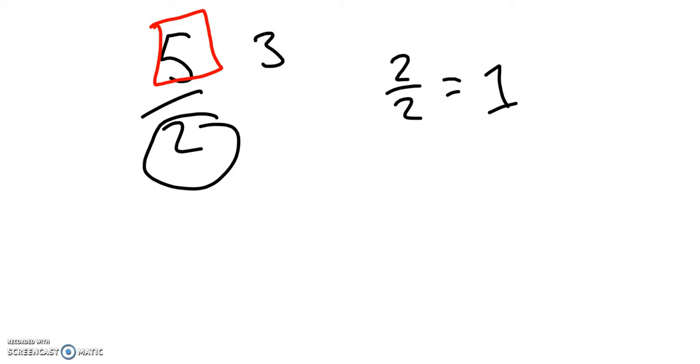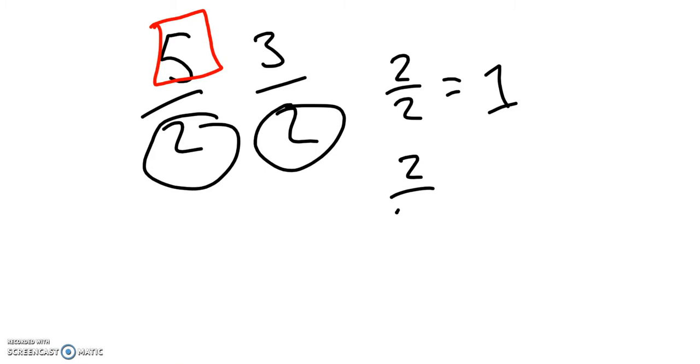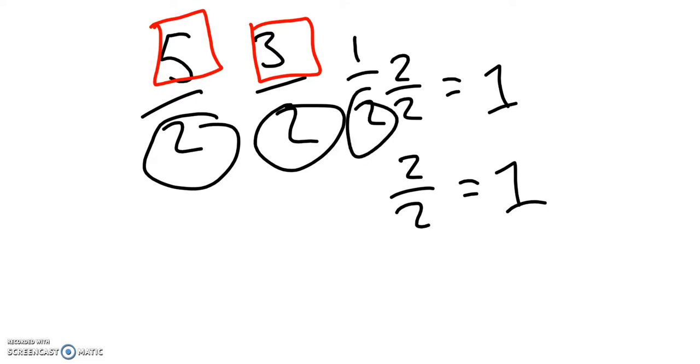I'm going to take away 2. It gives me 3 halves. Again, can I fit any 2s into there? Well, I can fit another lot of 2. And of course, we know that that now means I'm no longer at 3, but I've got 1 left. And of course, 1 half is 1 half. Can't do anything about it.